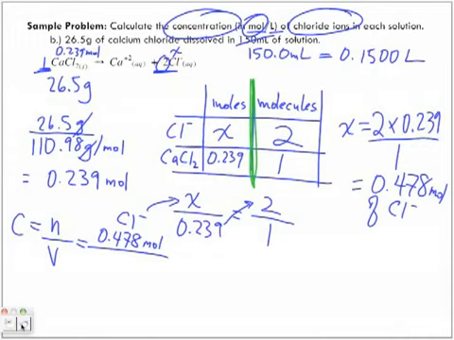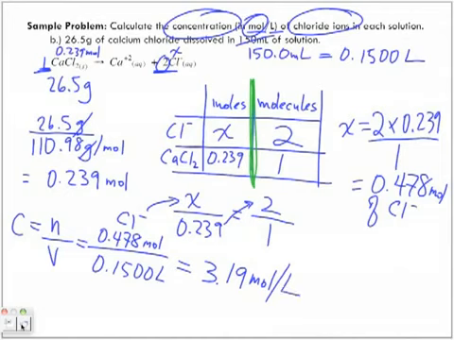We want to keep the same number of significant digits. So if you're converting a number, keep the same number of significant digits. So 0.478 moles divided by 0.1500 liters is equal to 3.19 moles per liter. So that is the concentration of the chloride ions.